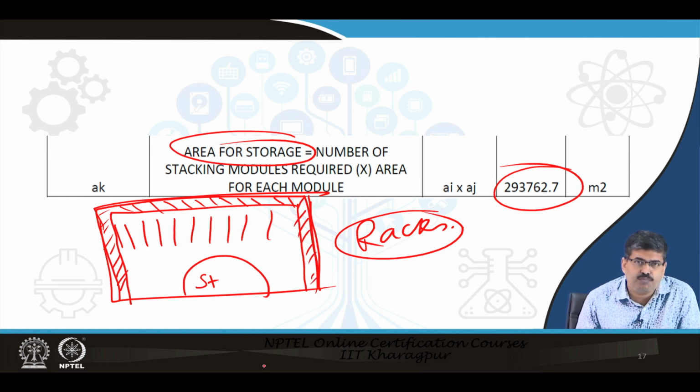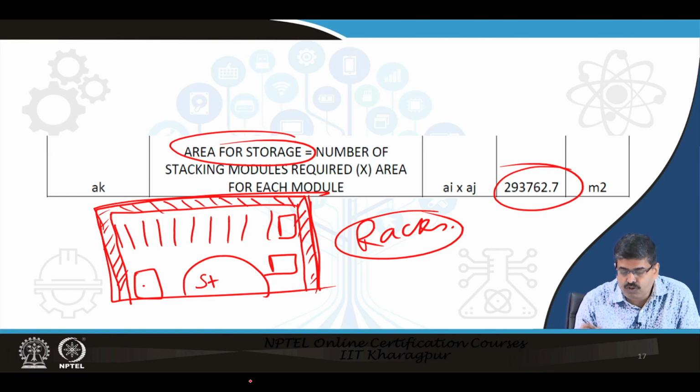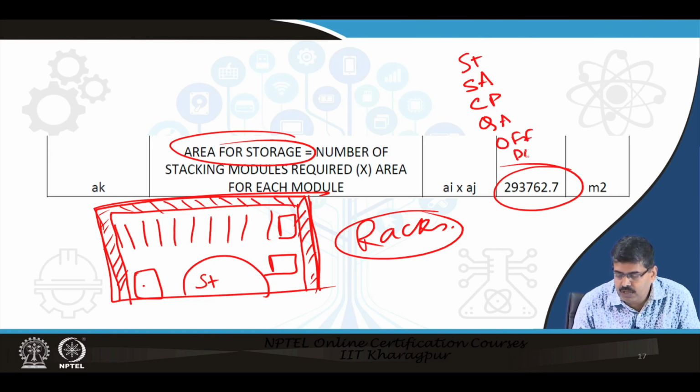Okay. This is very simple. Add to it office area, add to it your area for charging, and add to it the quarantine area. So, staging area, storing area, charging points, quarantine area, office and perimeter.